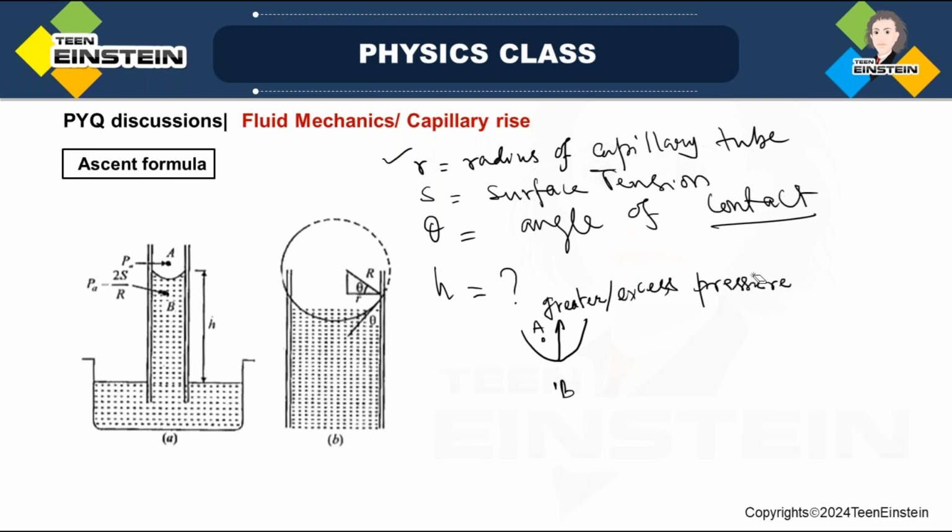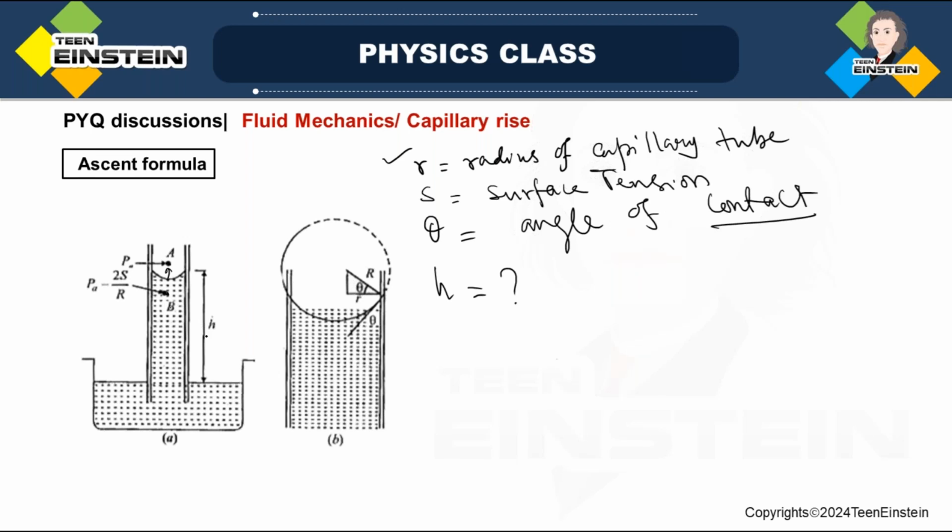So if I consider two points A and B, A is in the concave region, just above the meniscus, the top surface.